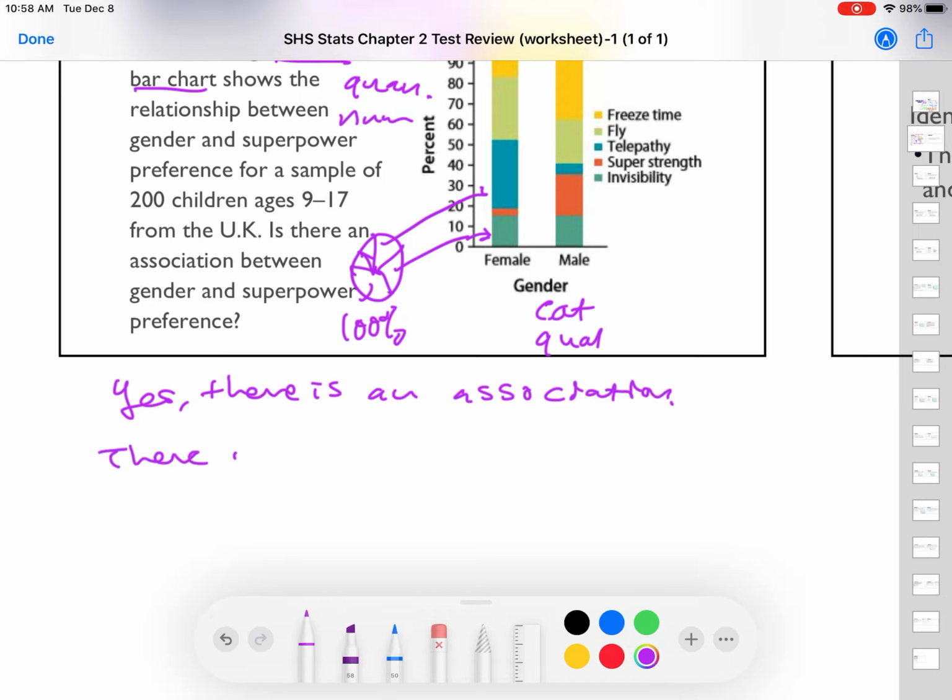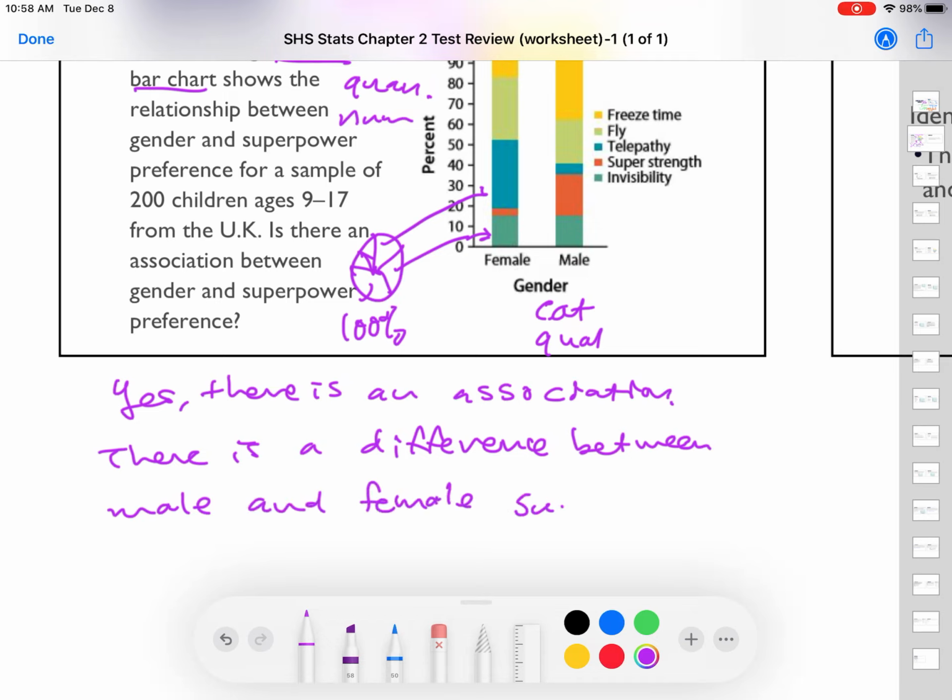Because there is a difference between male and female superpower preferences. We kind of talked about this way back in probably 2.1 or 2.2 that invisibility looks the same, right?